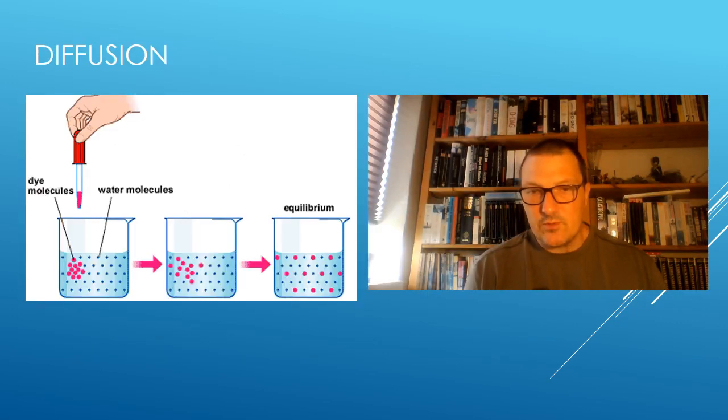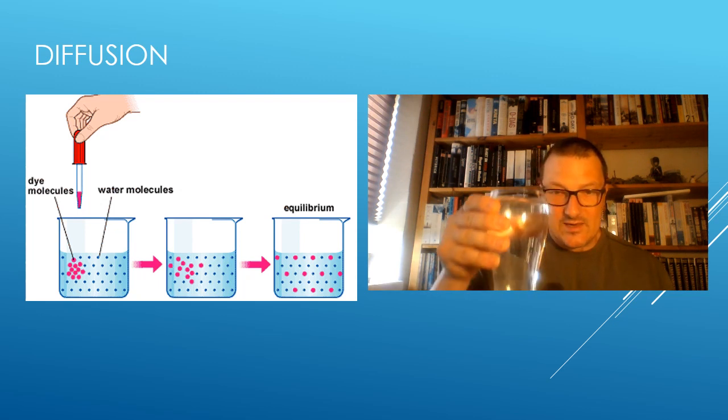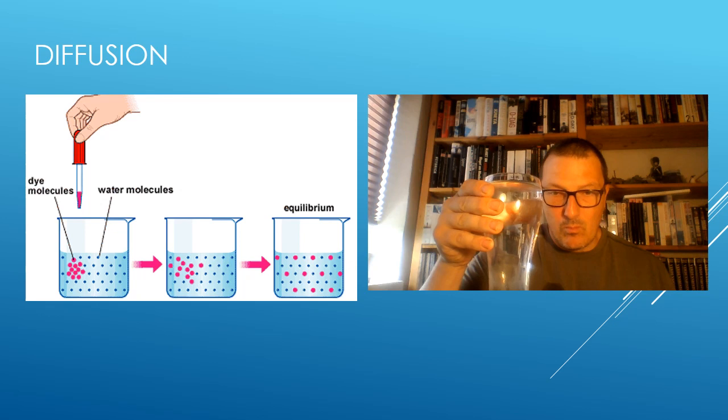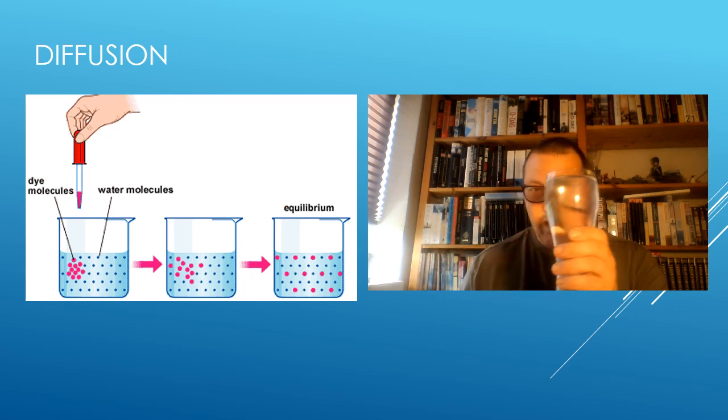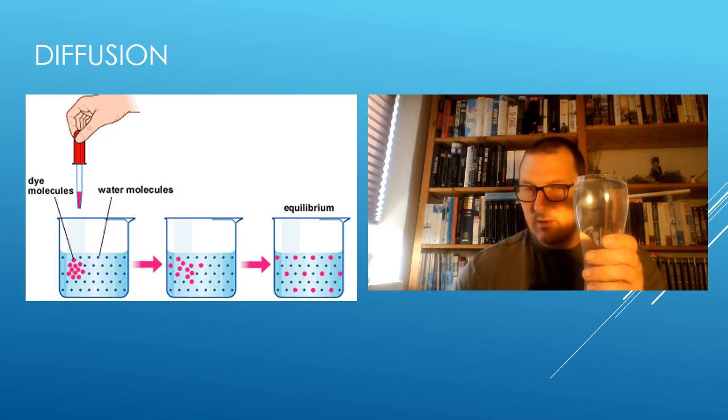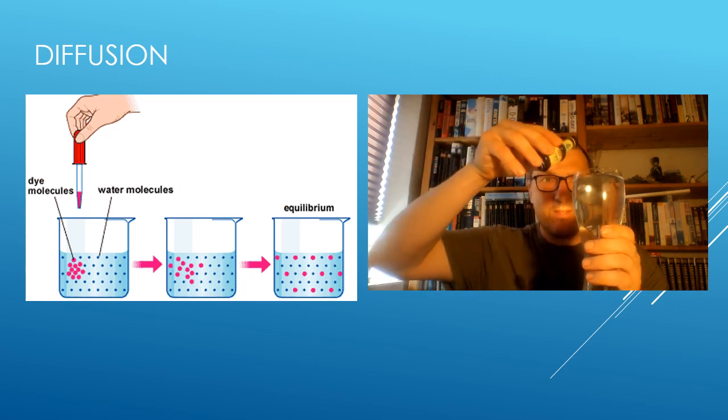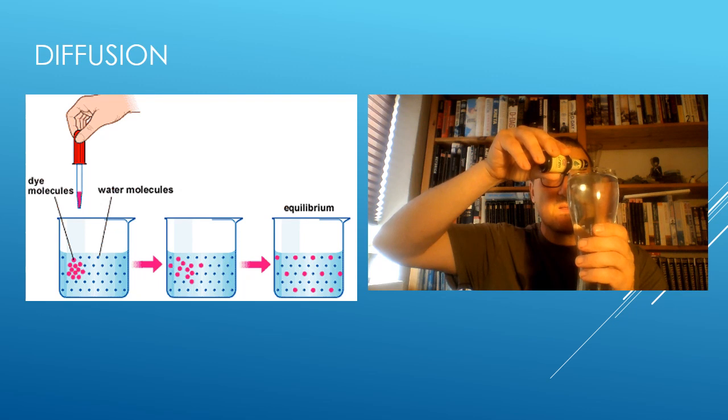Lastly, we'll look at diffusion. Particle theory is a good way to explain diffusion and how different substances mix with each other. The particles in the liquid are always moving. Although you can't see it here, all the water molecules are still moving, which can help explain what happens if I have my cold water here and I add just a little bit of food dye to it.